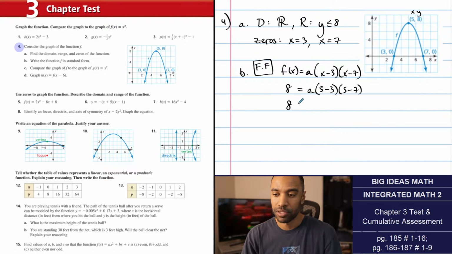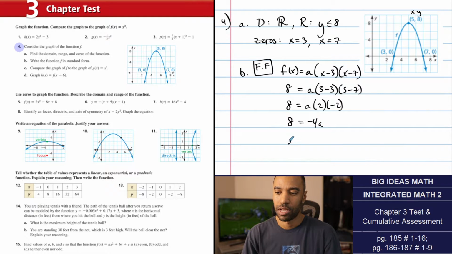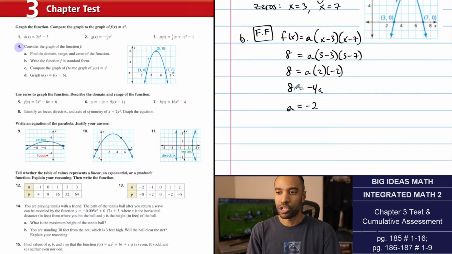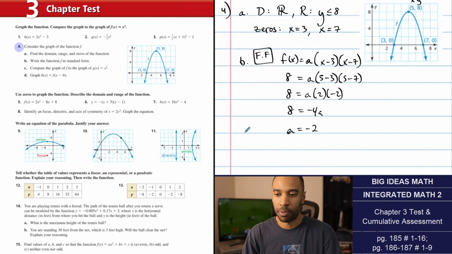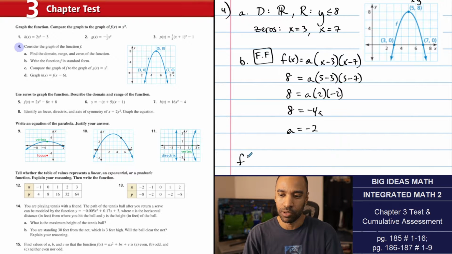So we get a times 2 times negative 2, and a would be negative 2. So the equation would then therefore be f of x equals negative 2 times x minus 3 times x minus 7.